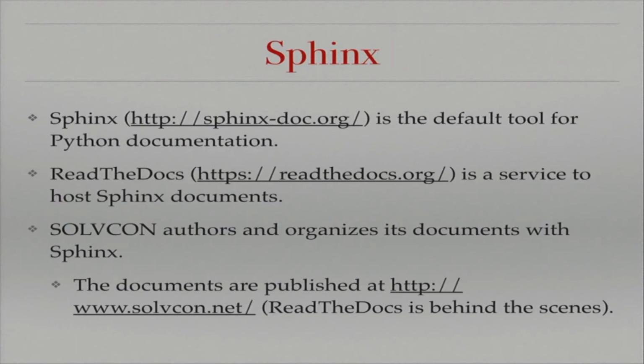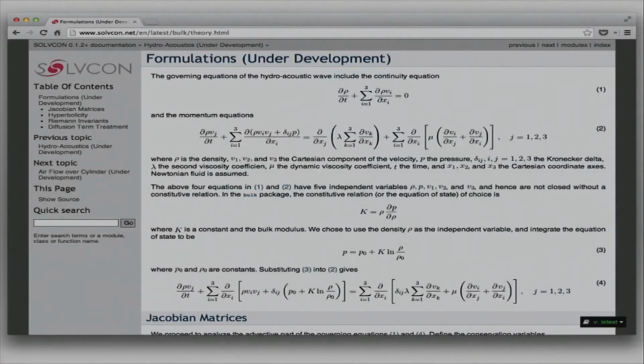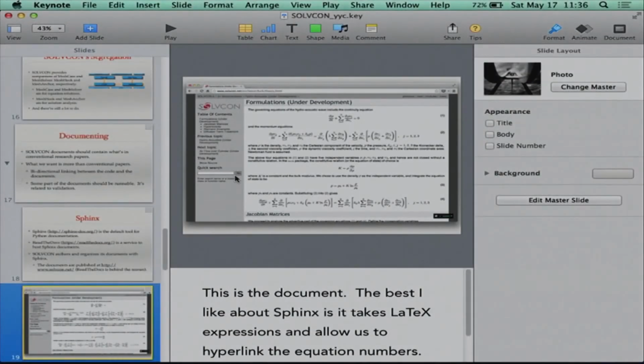So right now, I'm choosing to use Sphinx and Read the Docs to write the documents like this. This is basically just the homepage of SOLVCON, and I created it with Sphinx. Actually, I think I have a full website. Oops, it's not allowing me to do that.